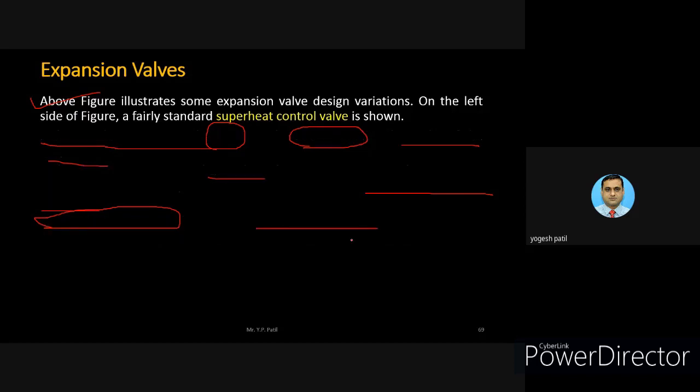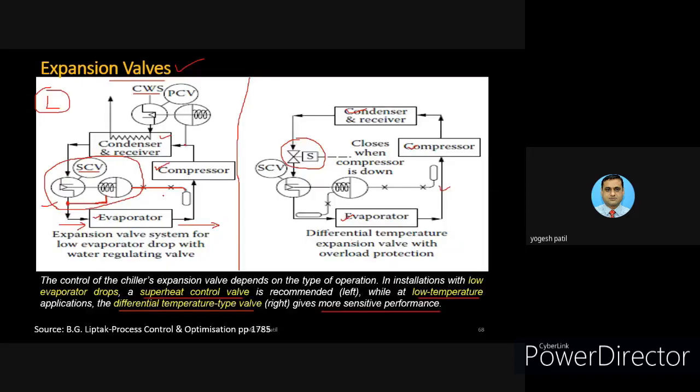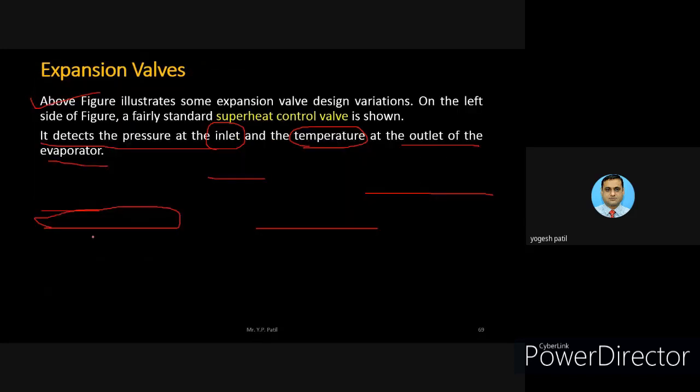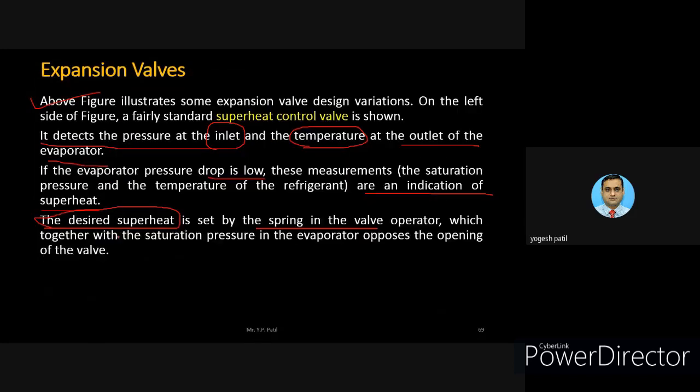You can see in this diagram there is a spring in the valve, so that the valve opening and closing can happen there. The spring of the valve operator, together with the saturation pressure in the evaporator, opposes the opening of the valve. So depending on the saturation pressure in the evaporator, it decides the opening of that valve, or we can say that it opposes the opening of the valve.